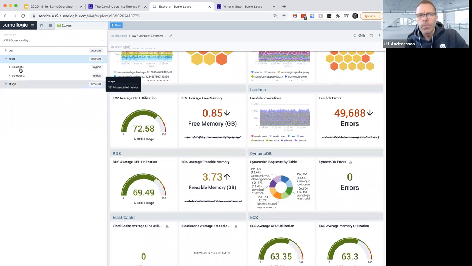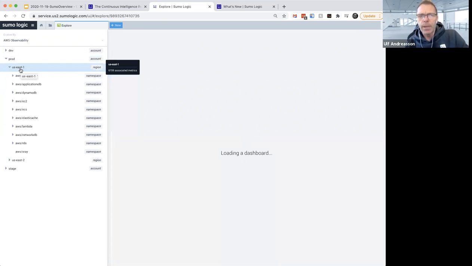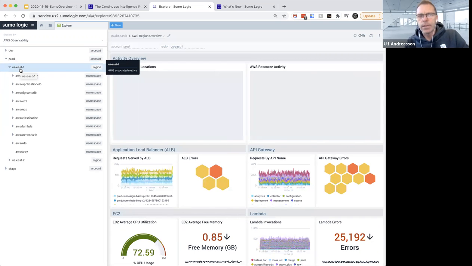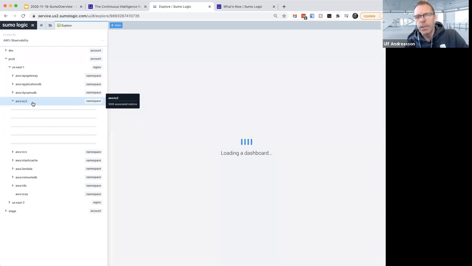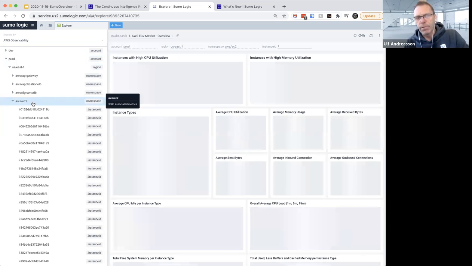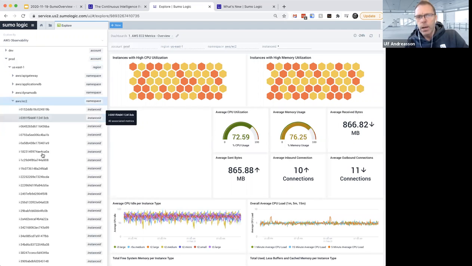Now, let's take a simple example. I want to understand more about my EC2 instances. Most people have some EC2 instances, and you want to understand more about what's happening there. You probably have a lot of those, as I have here.